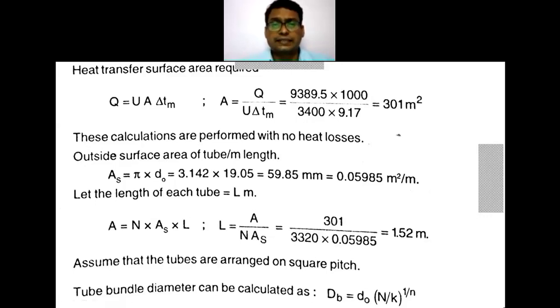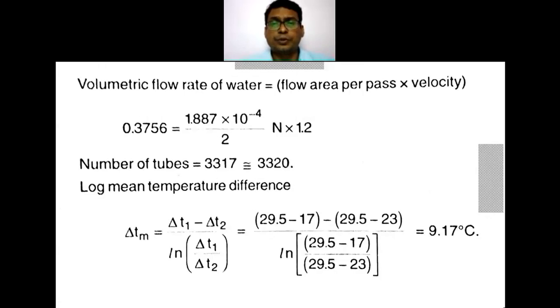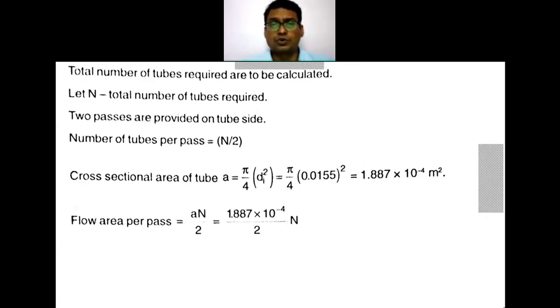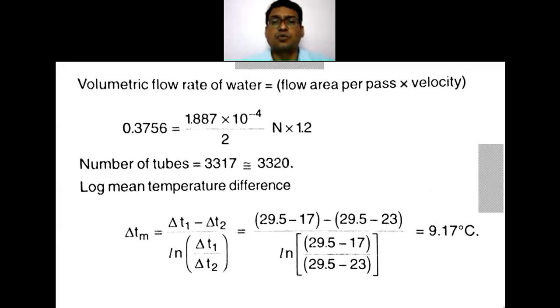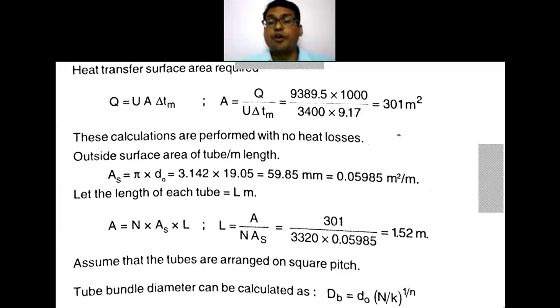U, in this case, is assumed to be 3400 because it is steam, and steam has a higher heat transfer coefficient. If it had been water, the heat transfer coefficient would be around 1000.